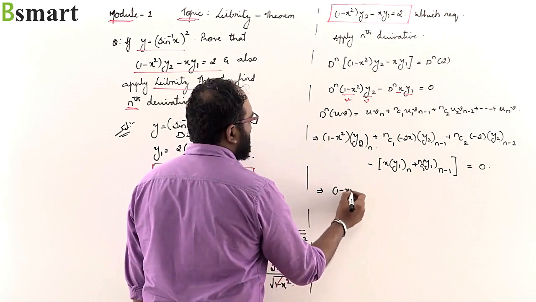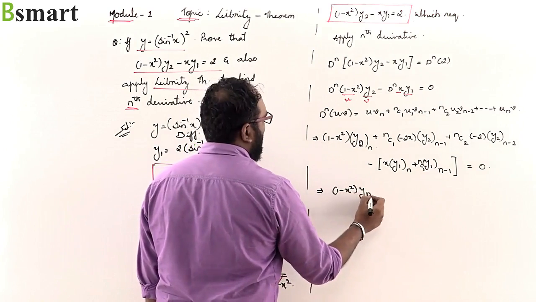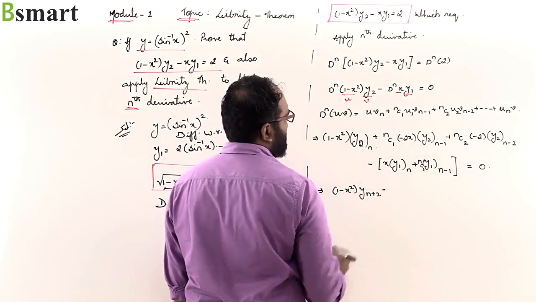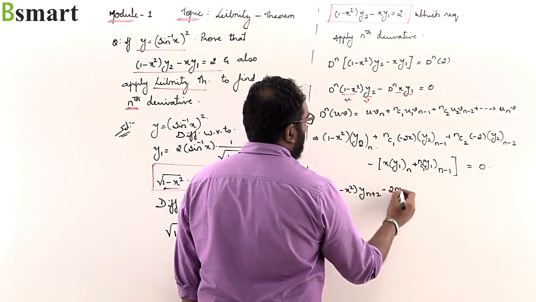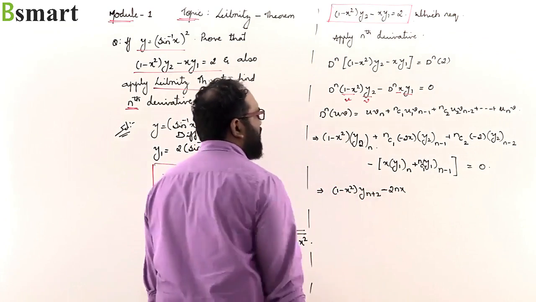So that is (1 minus x square) into y n plus 2, minus 2nx. The value of nc1 is n.